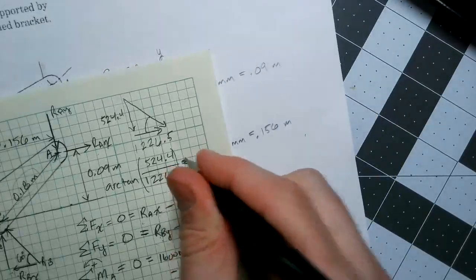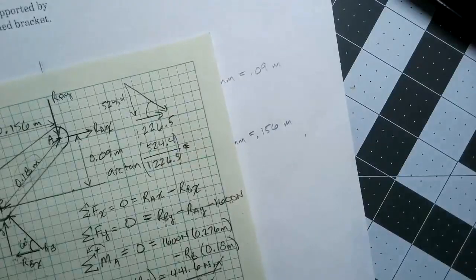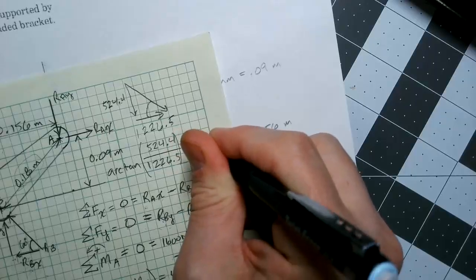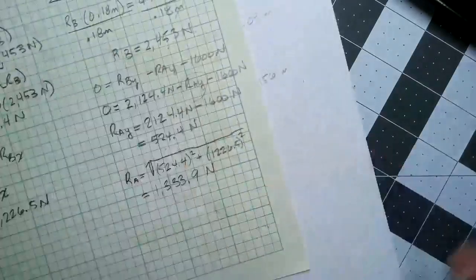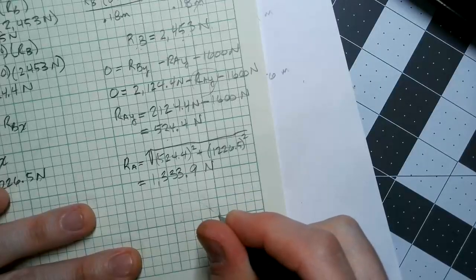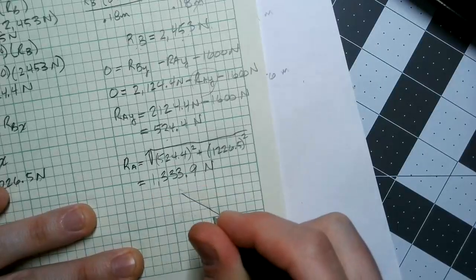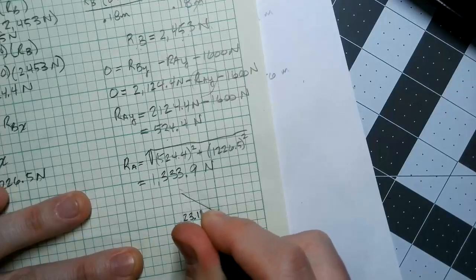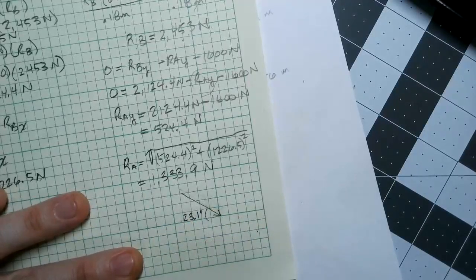That equals 23.1 degrees. So if we come back down here, we can draw our vector direction like this and say that this is 23.1 degrees from the horizontal.